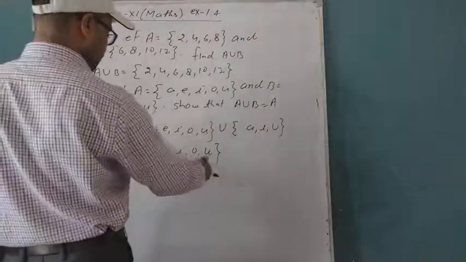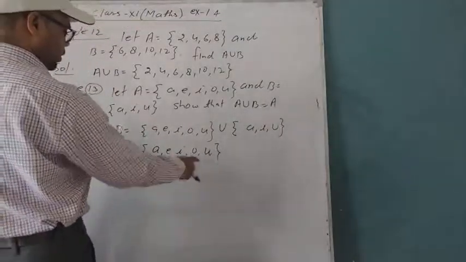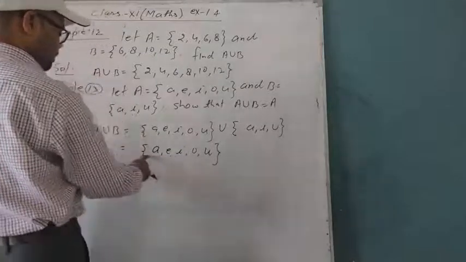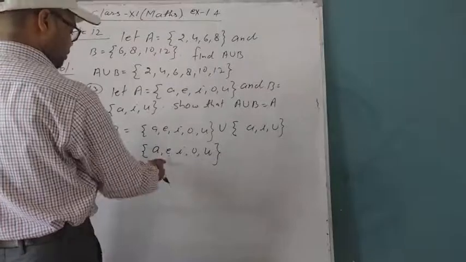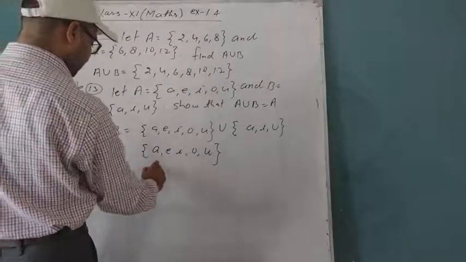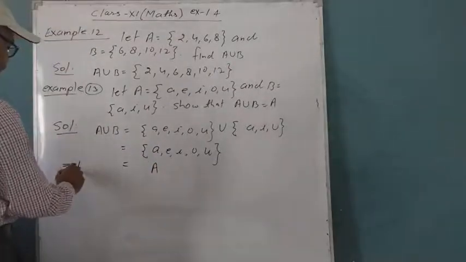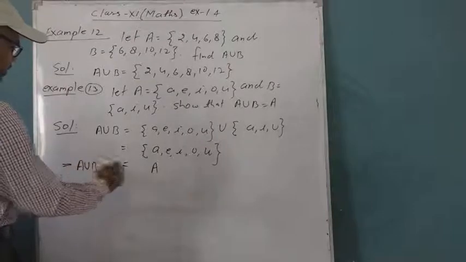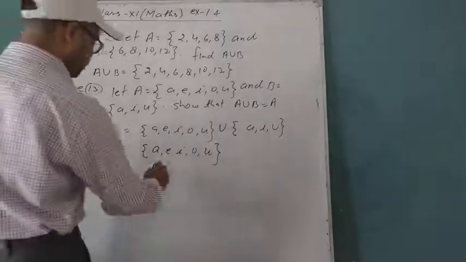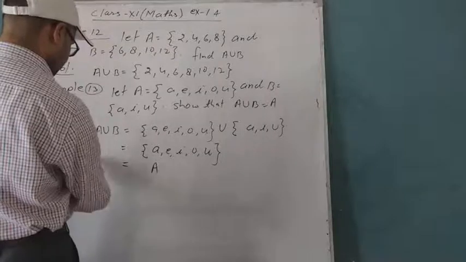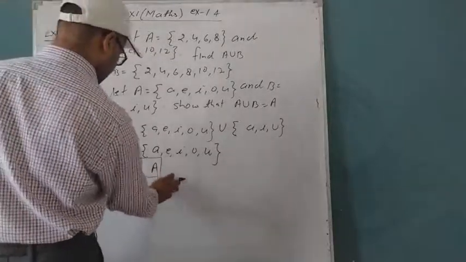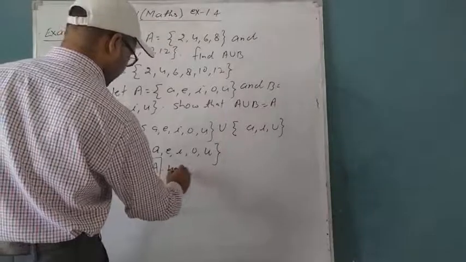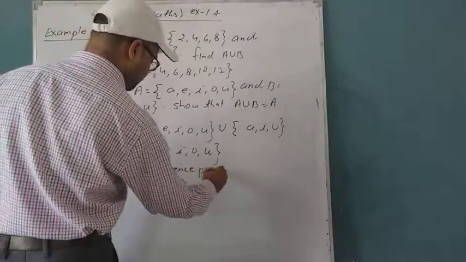So we can observe all the elements in this set are taken from set A, which is set A. So this implies A union B is equal to A. Hence proved.